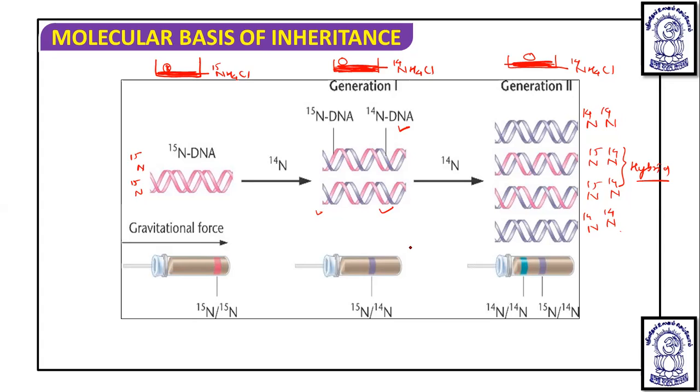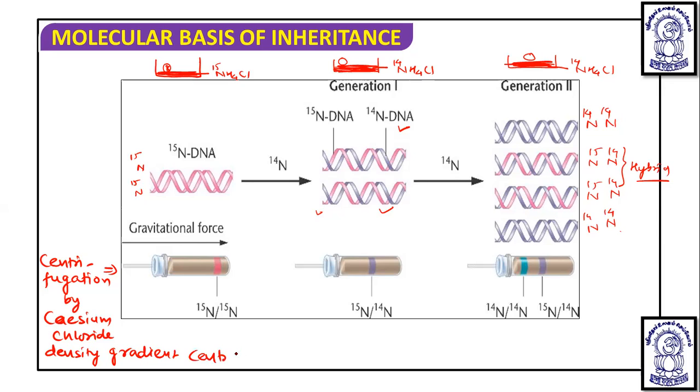So it is separated by centrifugation, here by cesium chloride density gradient centrifugation.